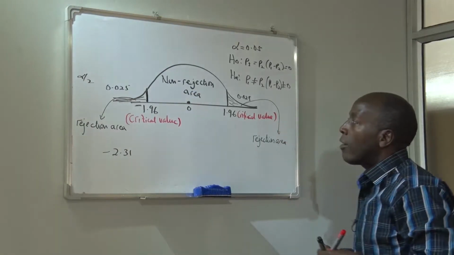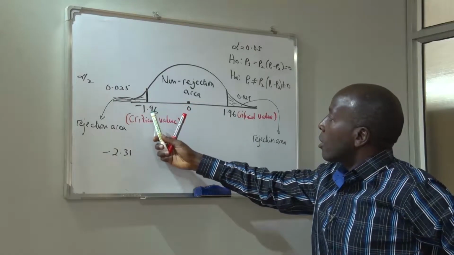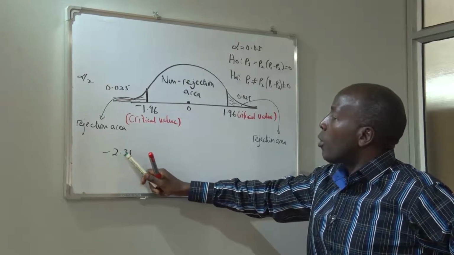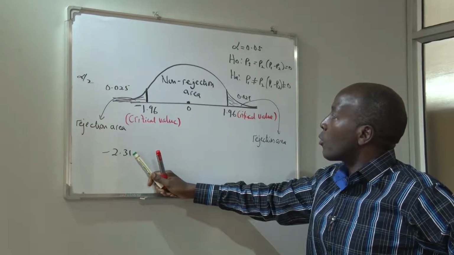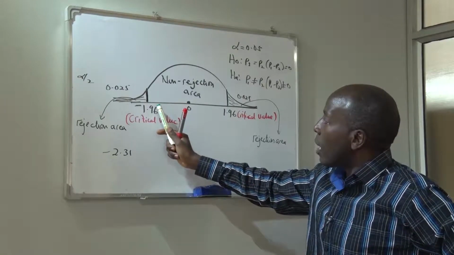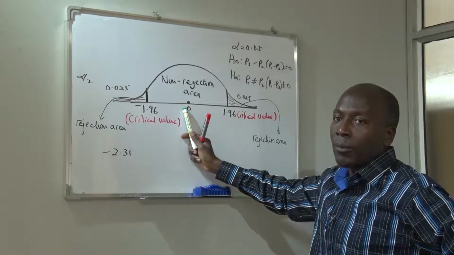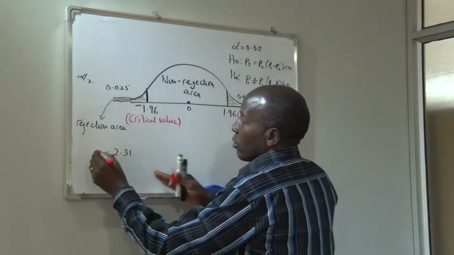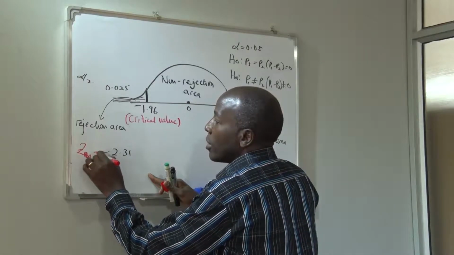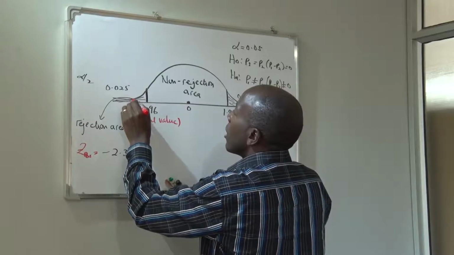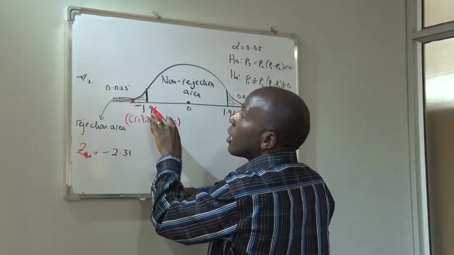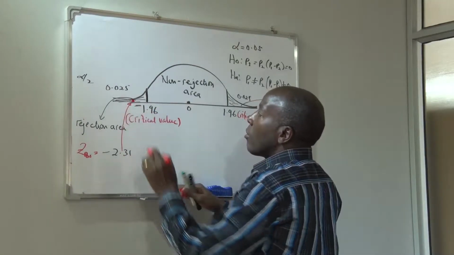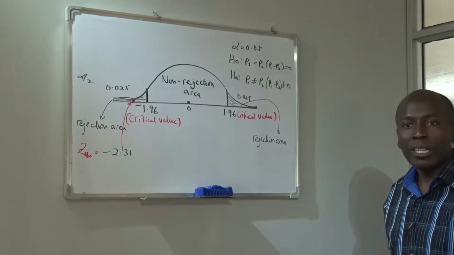Okay, since we have our 0 here and minus 1.96 is here, where do we expect minus 2.31 to be, this side or this side? Remember, as we move towards 0, we are becoming more positive. As we move away from 0, we are becoming more negative. So our value, the Z from the observed data that we calculated in the previous slide, will lie somewhere here because it is more negative than minus 1.96. As you can clearly see, our observed value lies in the rejection area.